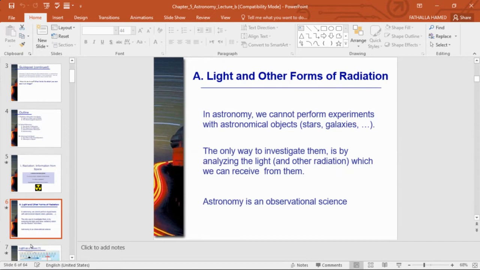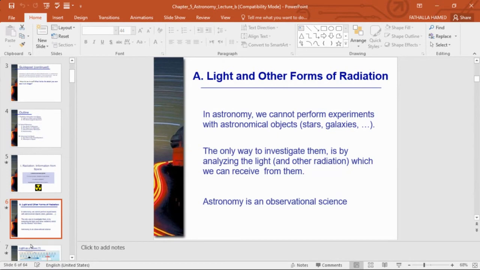And that's why we say astronomy is an observational science. So you only have to observe, and you do that from here on the surface of the Earth. The only way we can analyze or understand what we are looking at is to rely on what we get from these objects that we see in the sky.